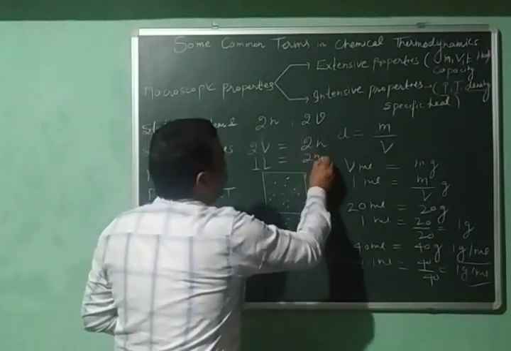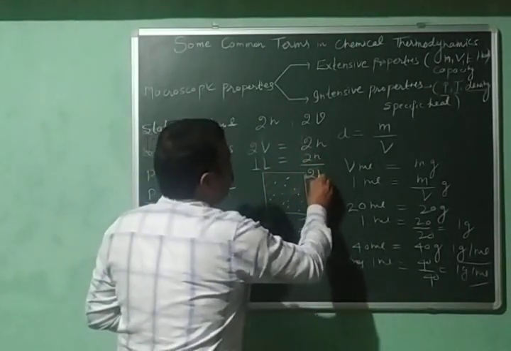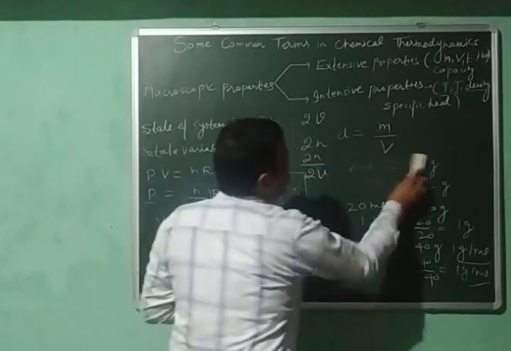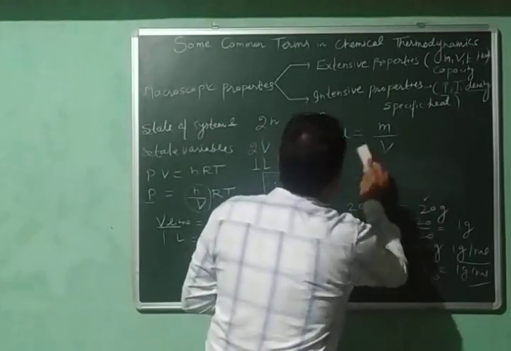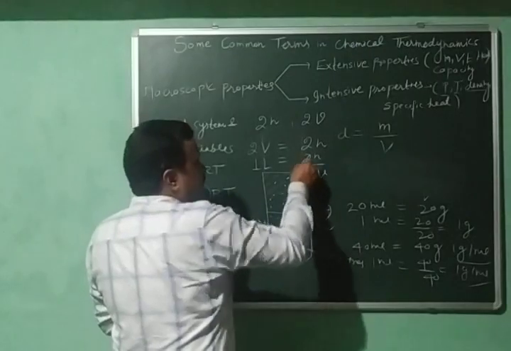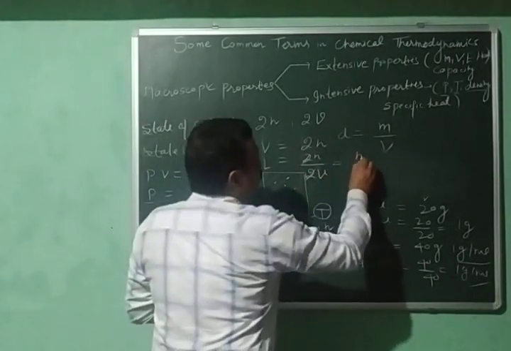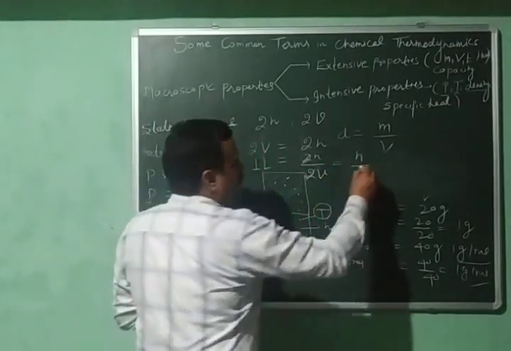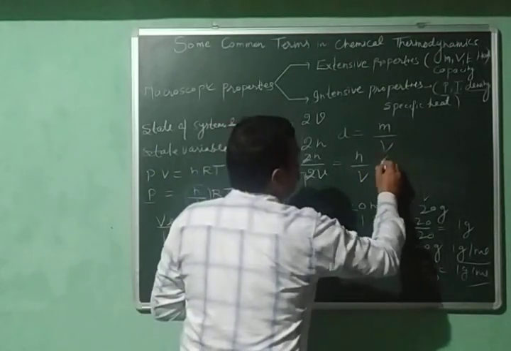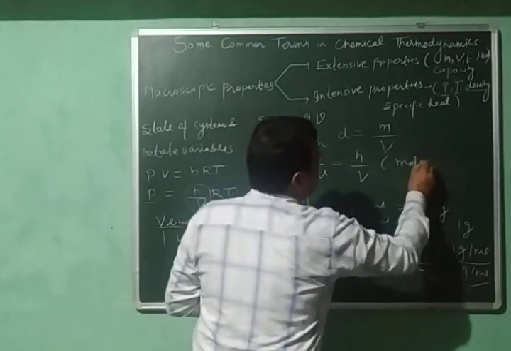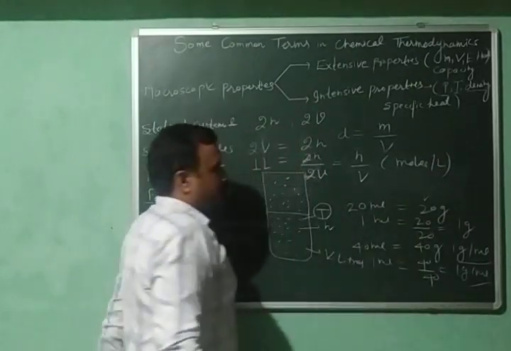That is 2n upon 2V, and this is equal to n upon V, that is moles per liter.